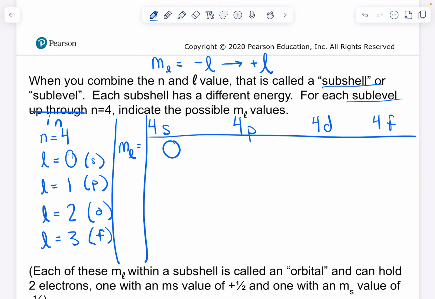Negative 0, which doesn't mean anything, through positive 0 also doesn't mean anything, so just 0. For the 4p, the value of L is 1. So M sub L could be negative 1, 0, or positive 1. For D, which is L equals 2, negative 2, negative 1, 0, positive 1, positive 2.